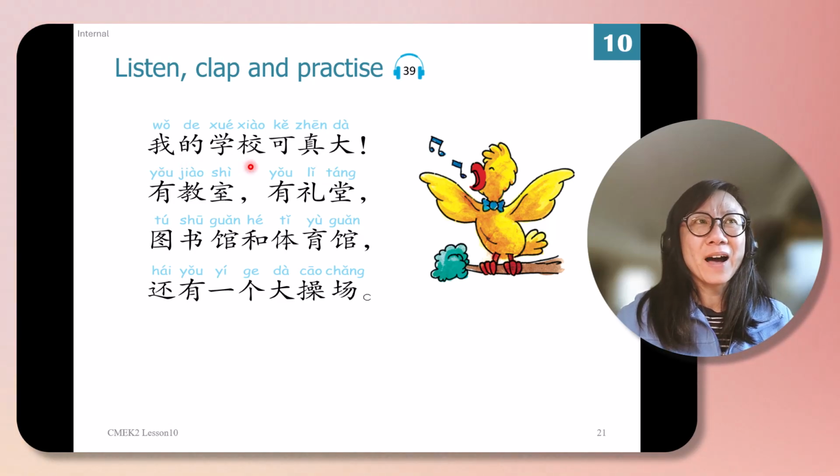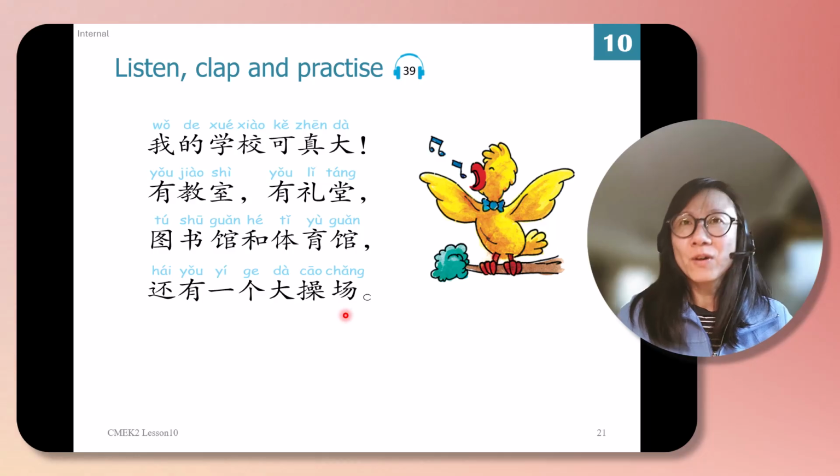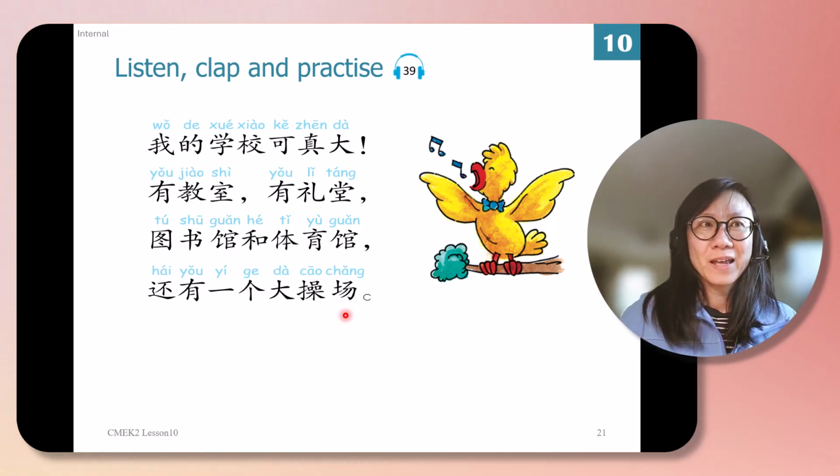You can also try to replace these facilities or areas with some other ones. And now you can try by yourself.